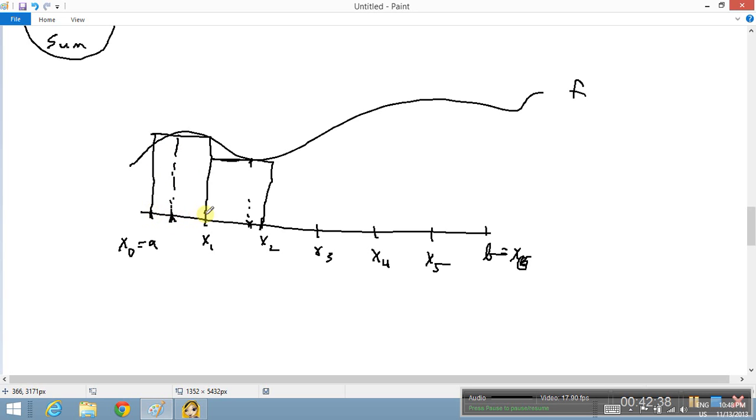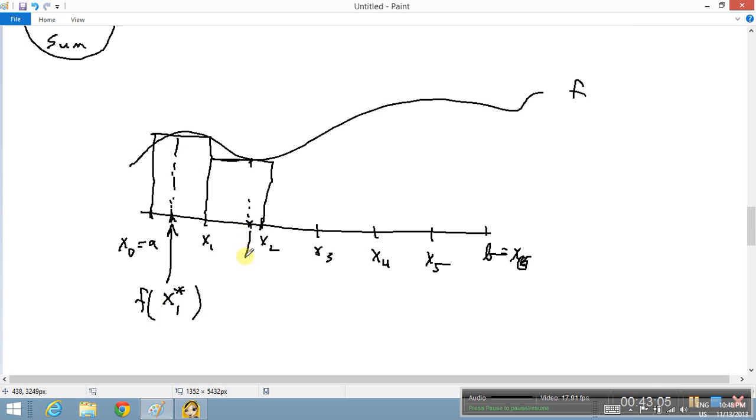On the first subinterval, the number that gets plugged in right there is what I'm going to call x1 star. That doesn't mean x1. It means the element of the first subinterval that I'm going to plug into my function f. Remember f? Plug into my function f to give me the y value, the height of a rectangle.